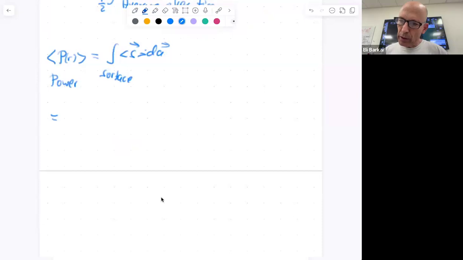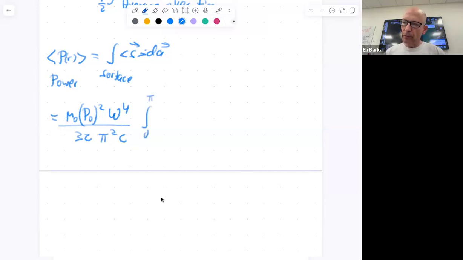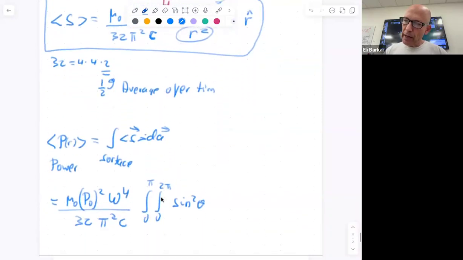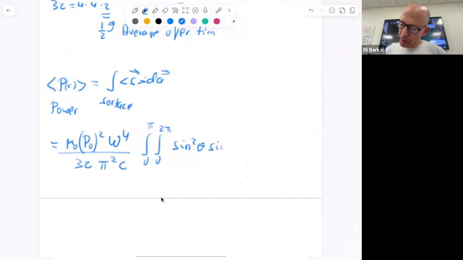This is equal, I can easily do this, U0 pi P0 to the power 2, W to the power 4, that we had already, over 32 pi squared times C. Integral from 0 to pi, this is the theta integration. Integral from 0 to 2 pi, that's the phi integration. So here I have sine squared theta. Again, this is this sine squared here. The R squared is canceled out. Then I have sine theta, d theta, d phi.